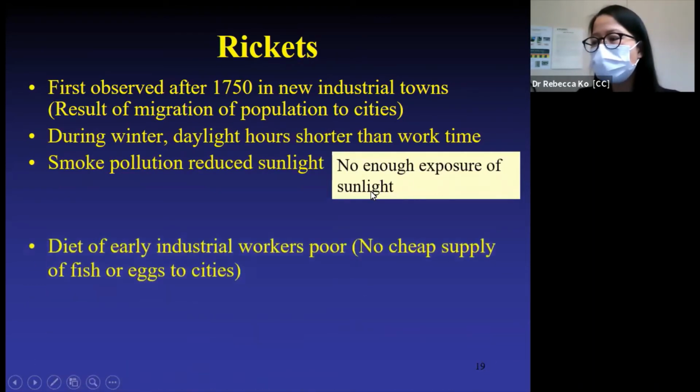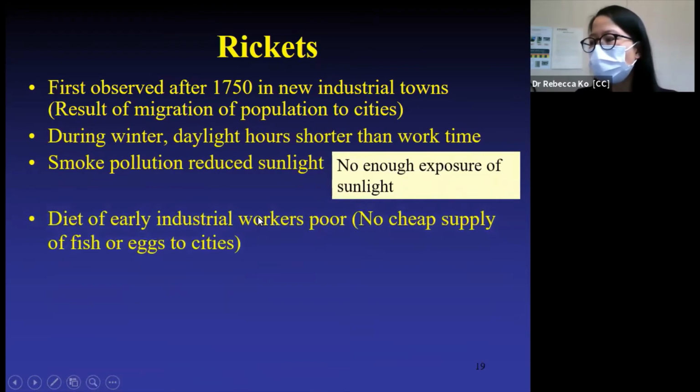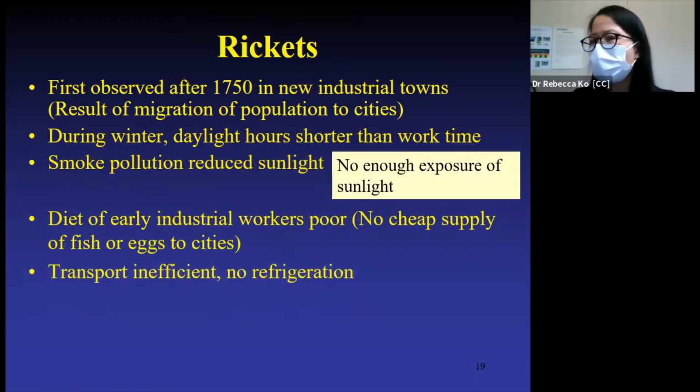Other than that, those workers were quite poor, and they didn't have enough money to buy food, let's say fish and eggs. Probably all these were expensive, so there was no food source of vitamin D. And long time ago we didn't have refrigerators, and the transportation was not so efficient, right?